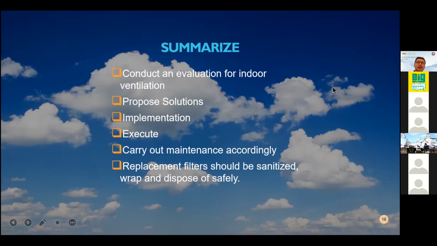This recommendation is from myself and our company. It's just to highlight safety, because the filter is contaminated. If you don't sanitize it, wrap it up and dispose of it safely, some other people who are not aware may accidentally touch or open it up, and they may get infected with this virus, right?